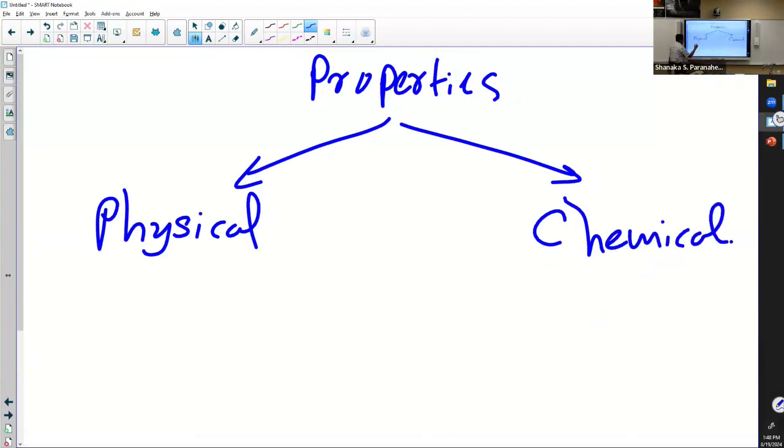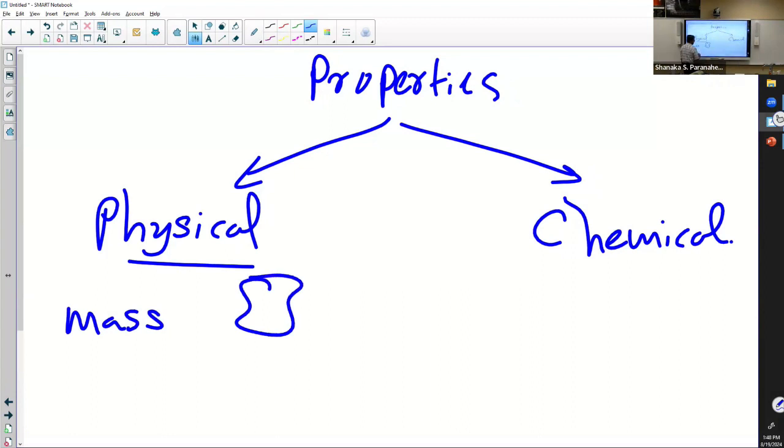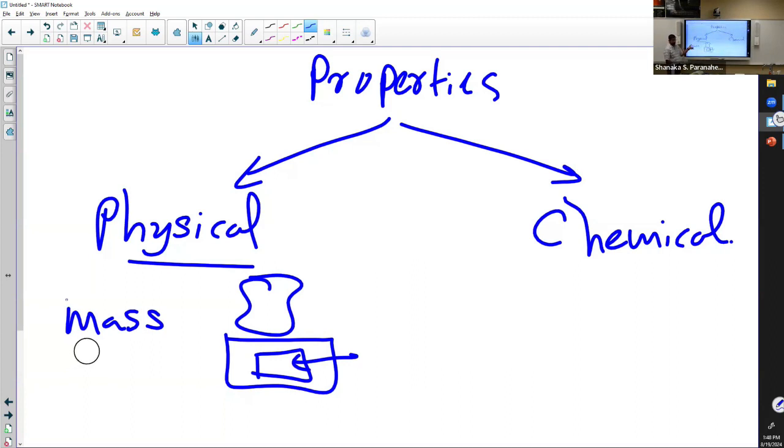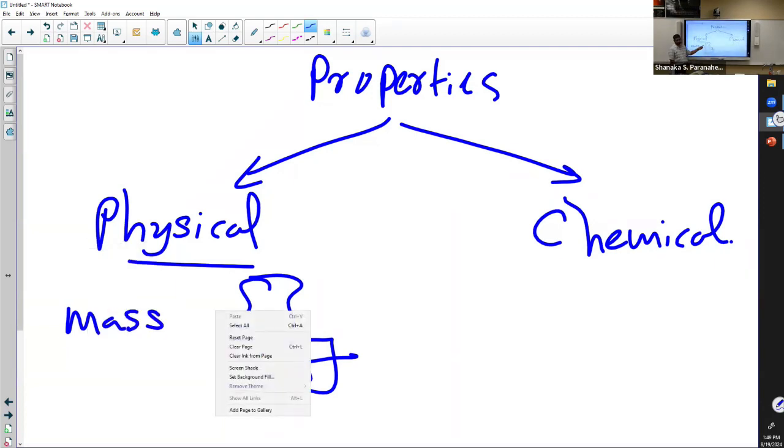As an example, I'm going to take the mass of a substance. Let's say I have a stone. I'm going to place it on a balance and take the mass. I can read the mass from this balance. My property is mass because it's a physical quantity. When we take this measurement or observe this property, if it does not change the identity of the substance, then it's a physical property.